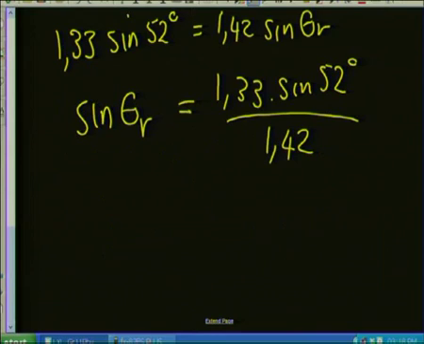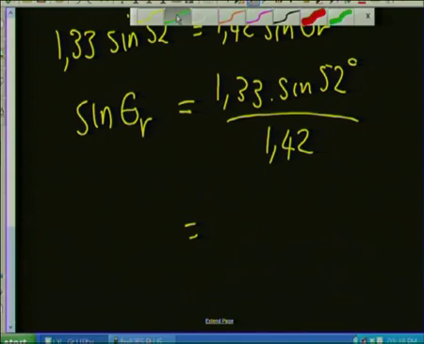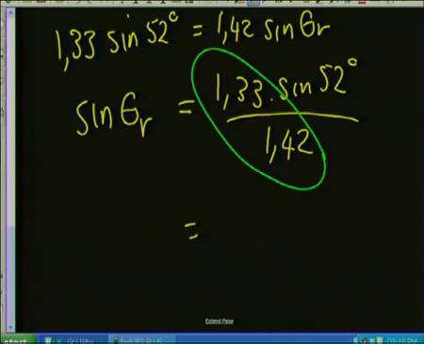Now, I hope you can see something here without even going further on the calculator, that the ratio of these numbers is going to be smaller. That's going to give you a number that is smaller than 1. 1,33 divided by 1,42 is going to give you a fraction.